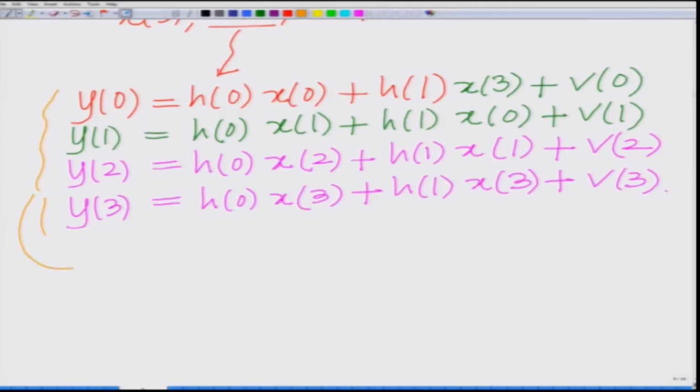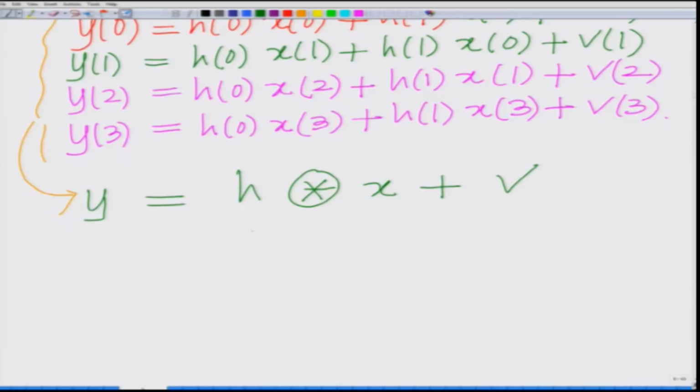And therefore, as we have seen in great detail yesterday, because of the addition of the cyclic prefix, y becomes the circular convolution of h with x in the presence of additive noise.